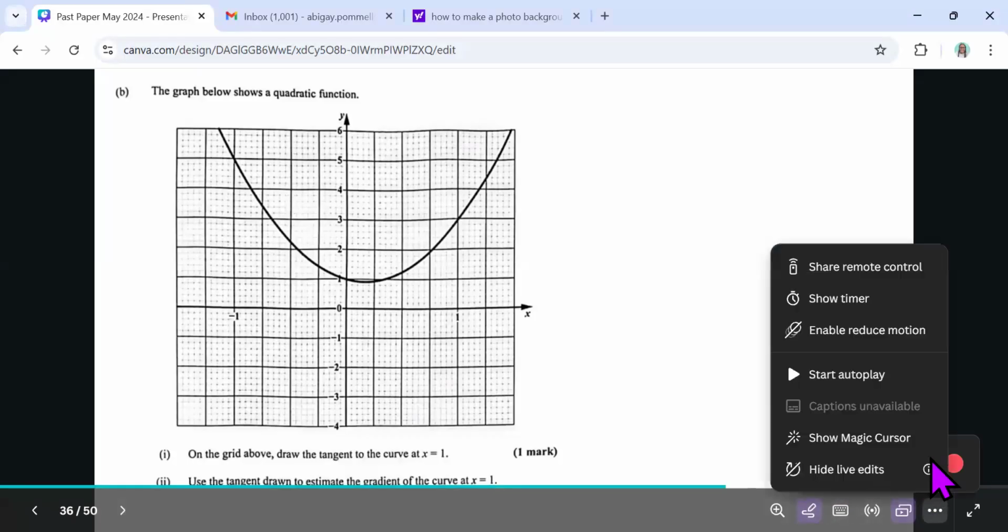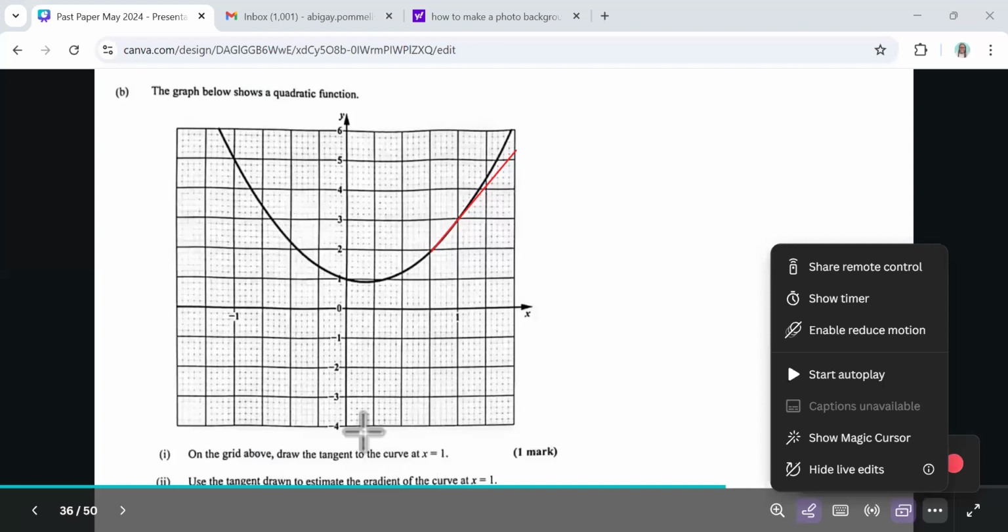Now I am going to use a line to draw it right here. So I'm going to put it here. Therefore, that's the tangent right there. All right, so that is my tangent in red. So check, that's 1 mark.